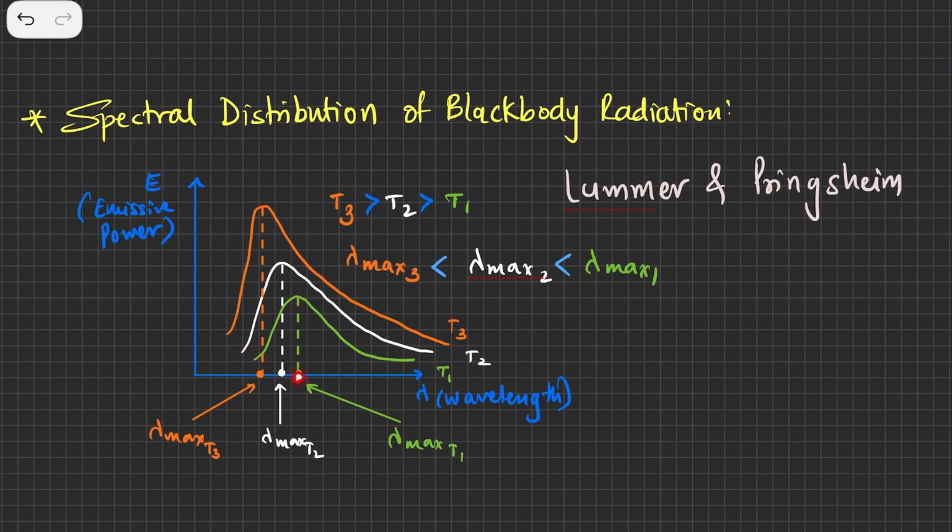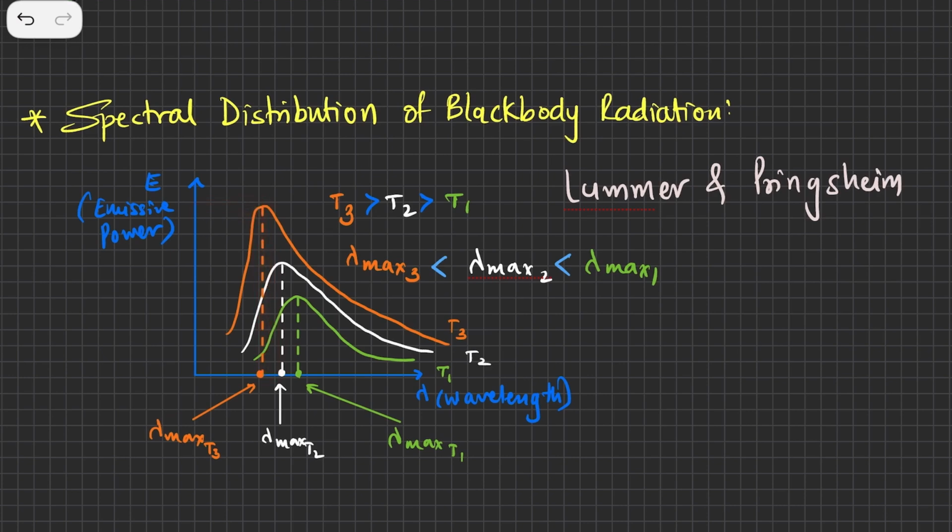So this is lambda max 1, lambda max 2, lambda max 3. Now lambda max does not indicate maximum wavelength. Maximum wavelength would be at the extreme end of this axis. But lambda max is the wavelength for which the intensity is maximum. Because of this peak, this wavelength has the maximum intensity.